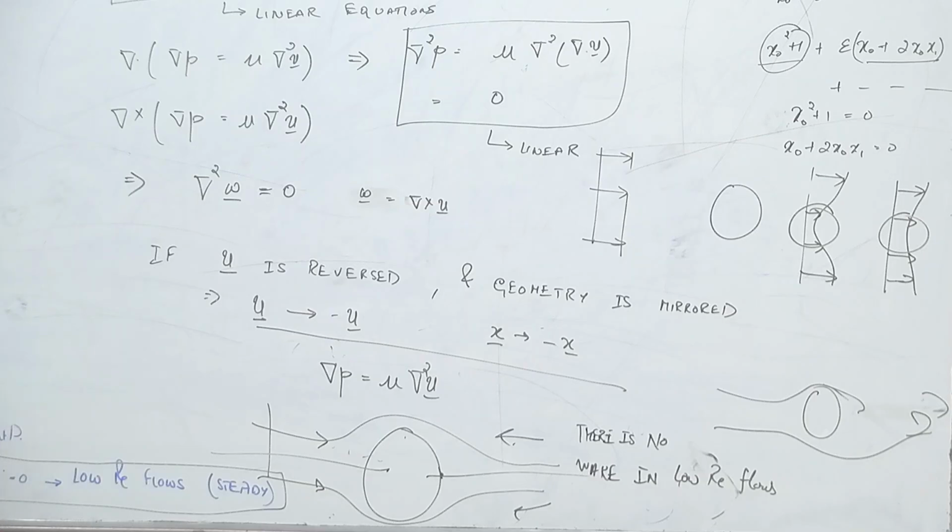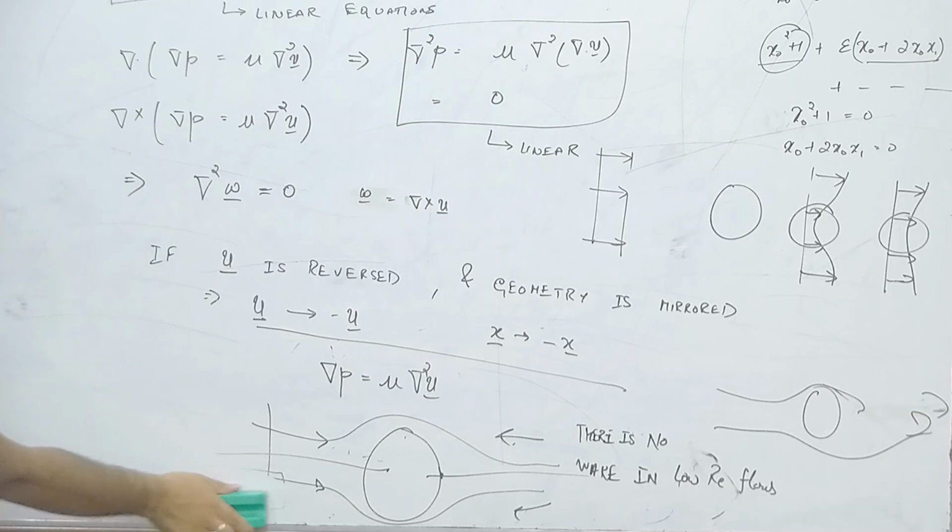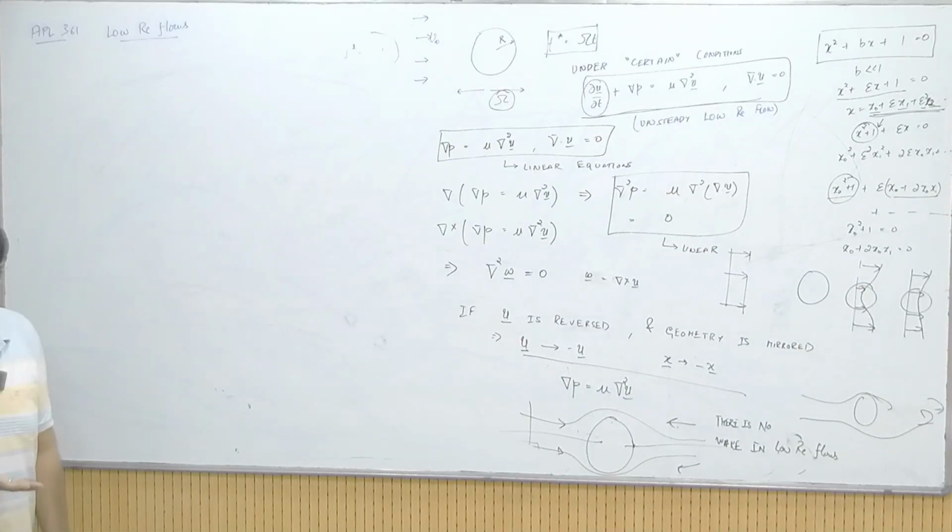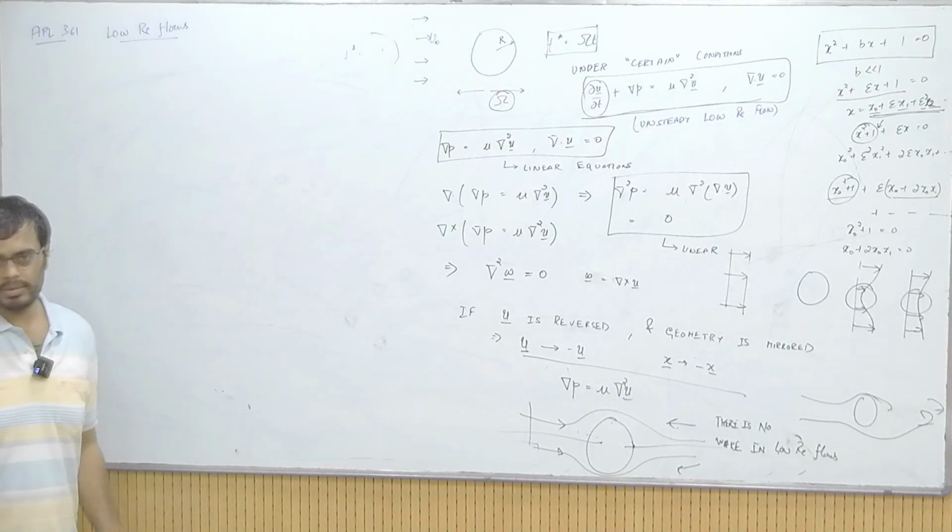So, I really recommend you to go back and watch the fluid mechanics films on these kinds of flows. These are very nice experimental demonstrations of different types of flow regimes, and there is one whole film dedicated to low Reynolds number flows. By looking at those flows, you will get an intuition of what is going on here.